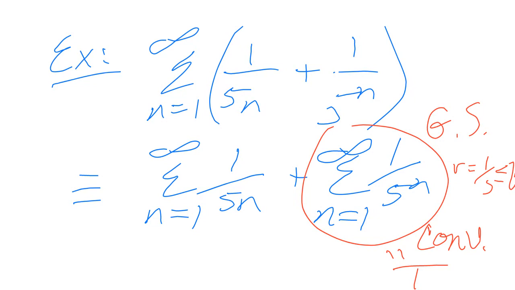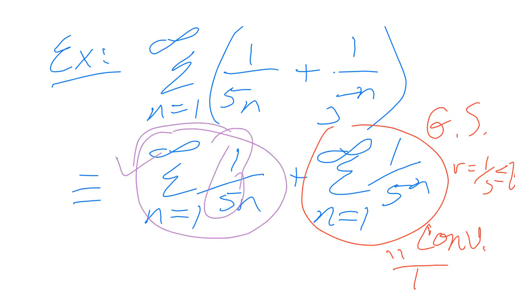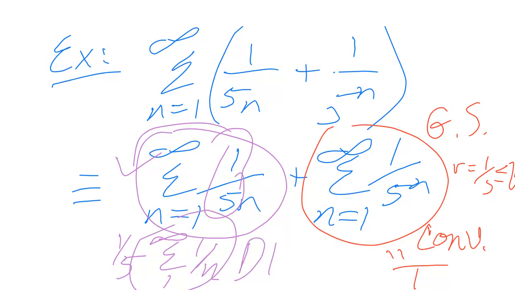But then, of course, what do we know? We know that the first one here, if I take that 1/5 out front, then it's 1/5 sigma 1 to infinity of 1 over n, but that's the harmonic series. This is divergent. So we have a divergent series plus a convergent series, which is similar to the previous example.